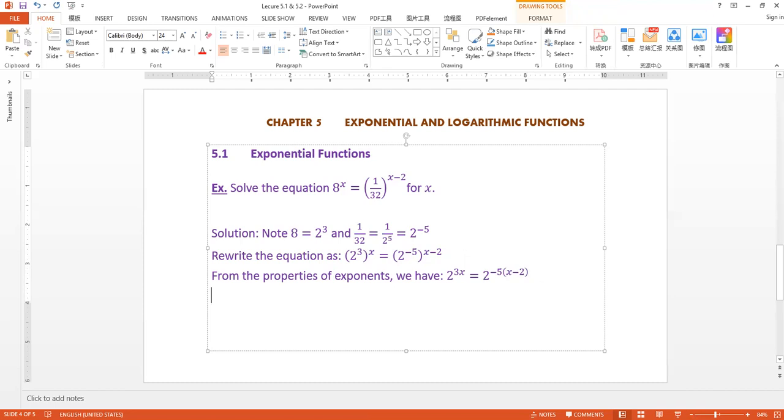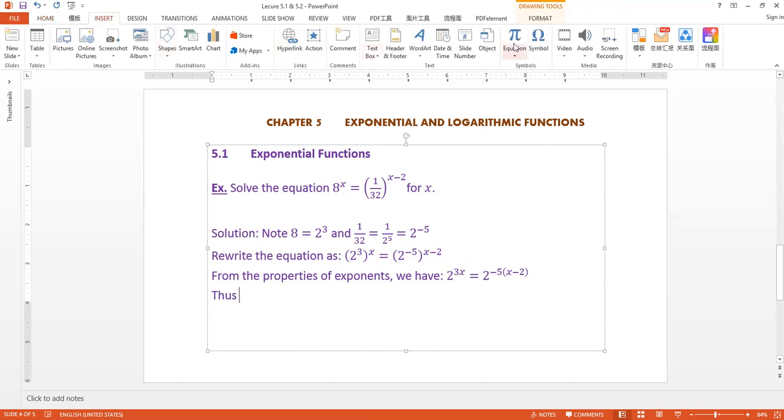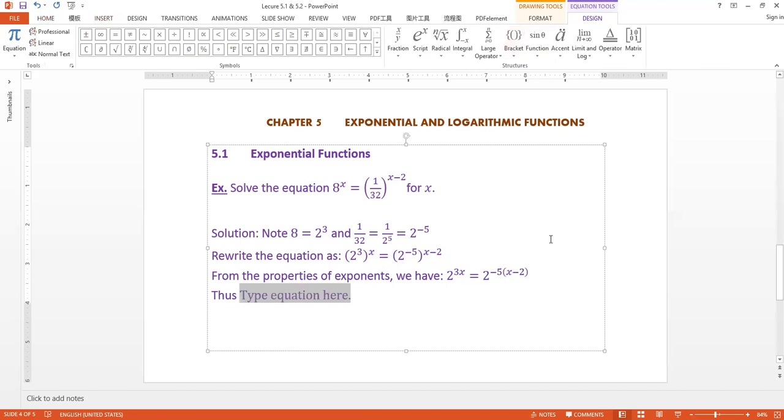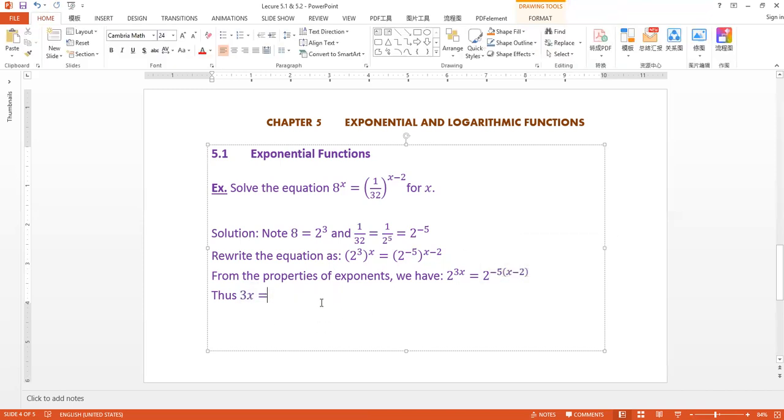So thus we can conclude that the exponent on the left hand side, which is 3x, has to be equal to the exponent on the right side, which is negative 5 times x minus 2.